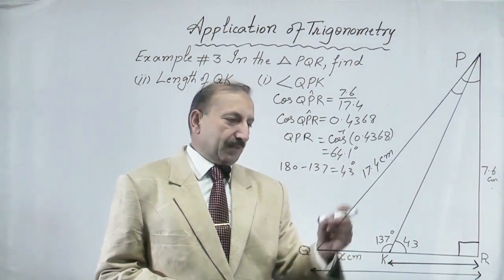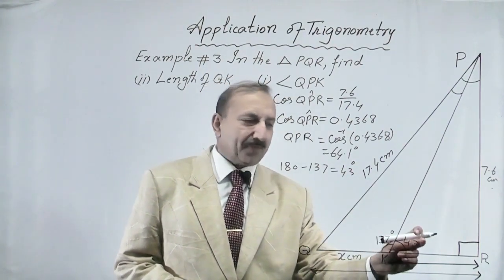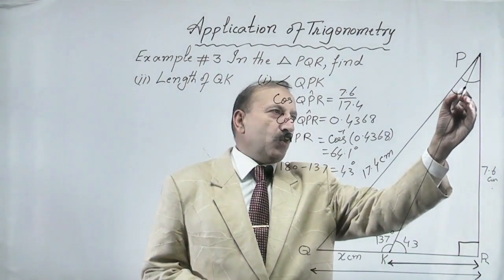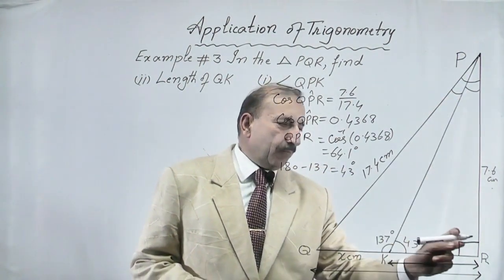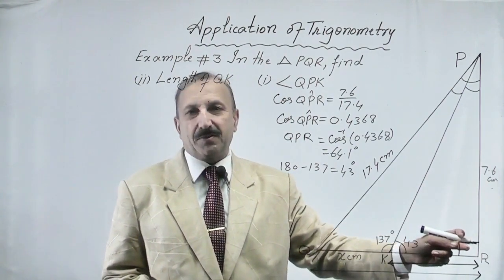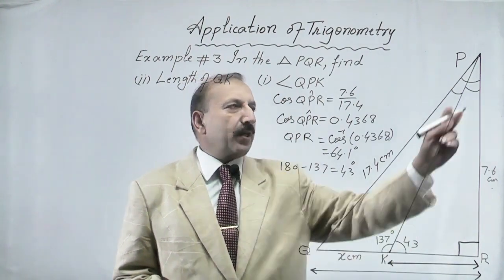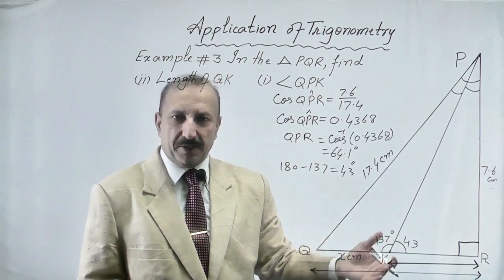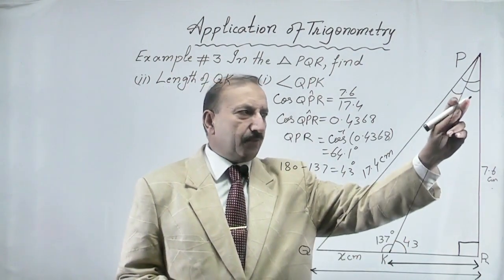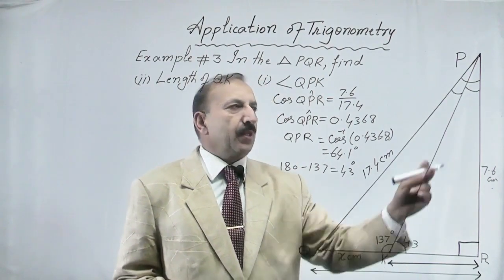We want to find this angle, given this angle is 43. We know that in a right angle triangle, if one angle is 90 degrees, the rest of the two angles add up to 90 degrees. So if we want to get this, we will subtract 43 from 90.